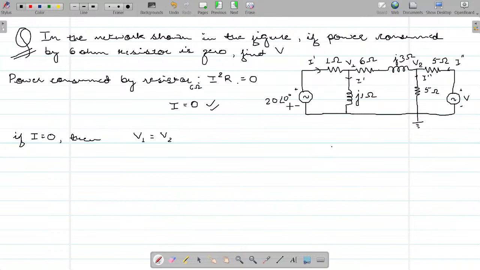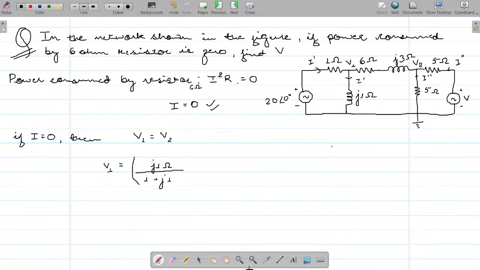Okay. So, can I write by voltage division? The voltage divides in the same ratio as the impedances. So can I write V1 is equal to what? j1 ohm divided by, what is the resistance? 1 plus j1.